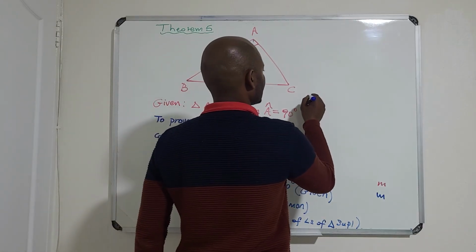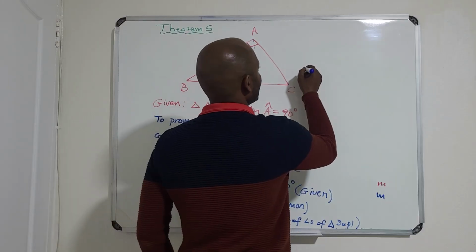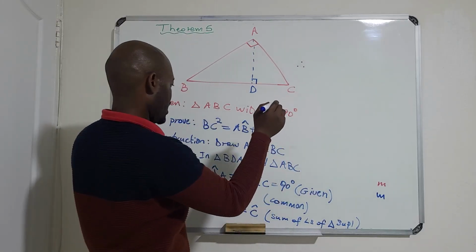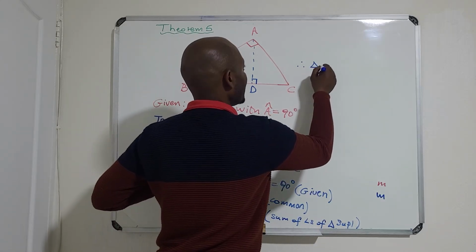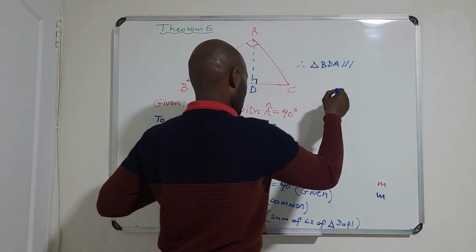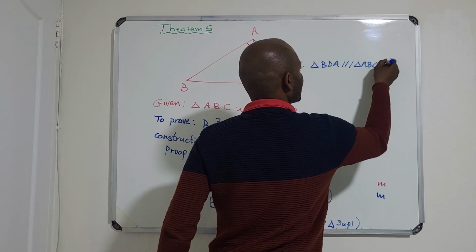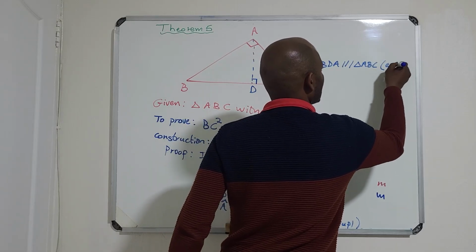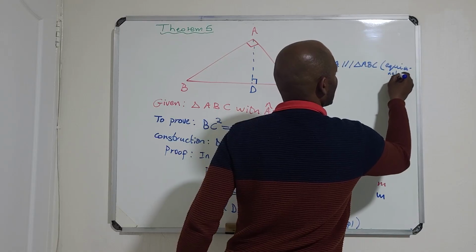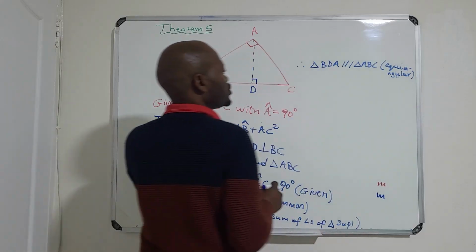Therefore, I'm just going to write it above. Therefore, triangle BDA is similar to triangle ABC. Reason? Equiangular triangles.